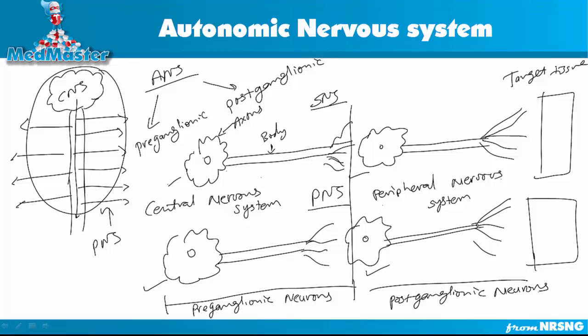Now, the main point I wanted to tell you about this thing is this preganglionic neuron, which is located either in the brain or the spinal cord, are cholinergic. That means when this neuron gets excited, it's gonna secrete a neurotransmitter, ACh, I mean acetylcholine. Same here.